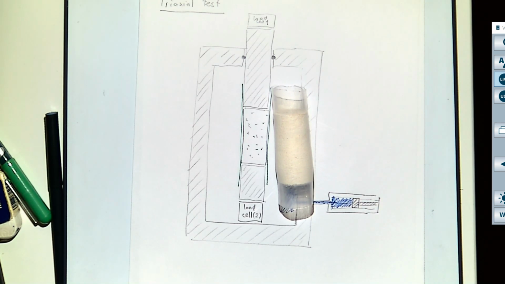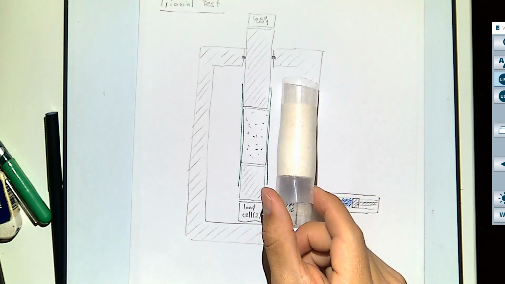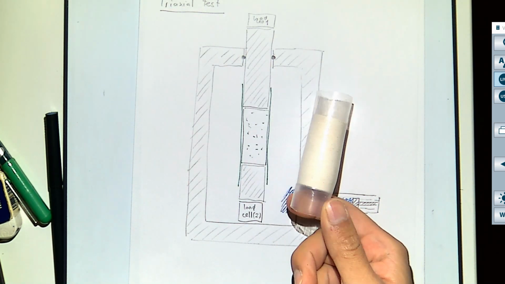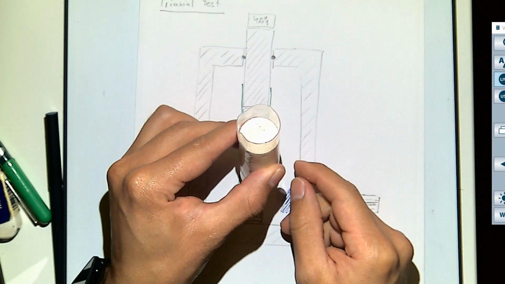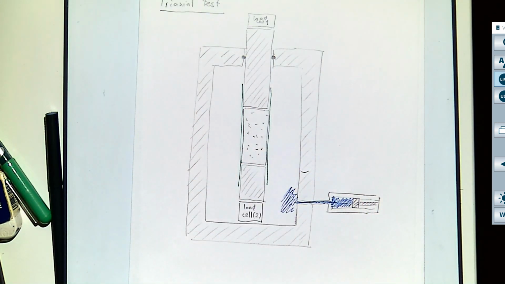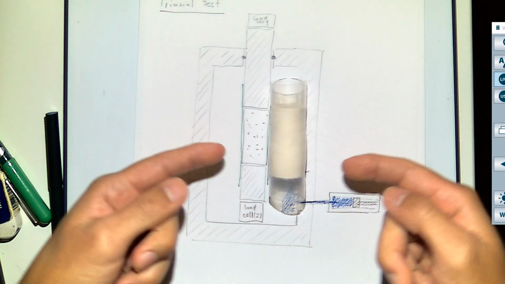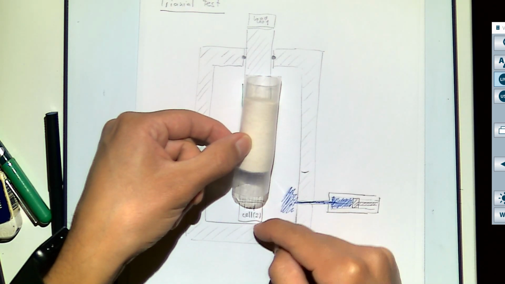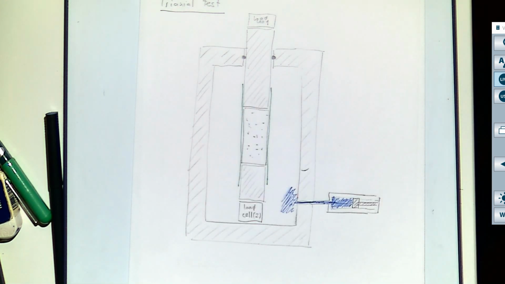It's not going to be exactly the same that you're going to use in the laboratory, but you see the rock is inside, and around that we have a confining membrane, which in this case is made of a heat shrink material. So with this membrane now, and with the end caps that go here to the bottom and the top, we can put them inside a container that is going to hold the pressure.